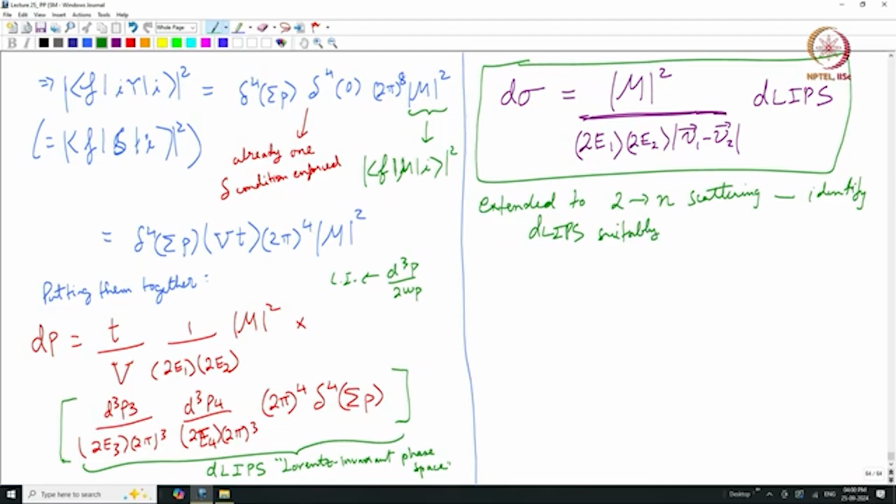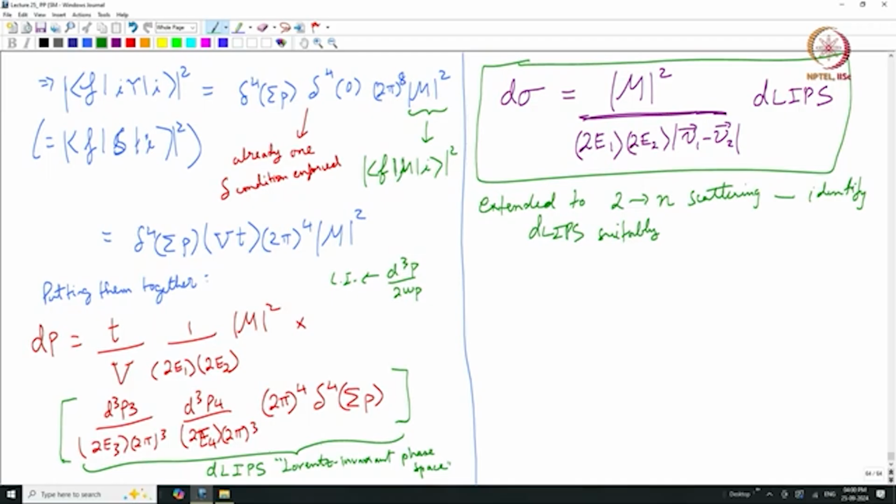So all that means is, if suppose there is a third particle, you will put d cubed p5, and then you have to be a little more careful about the 2 pi factors and so on. And down here the initial state you still have only 2 particles, it is just 2E1, 2E2. If it is 3 to 2, then things are a little more different. That is even harder to imagine. It is not even clear what we mean by a flux there. So that is a harder thing to work out, but it can be worked out.